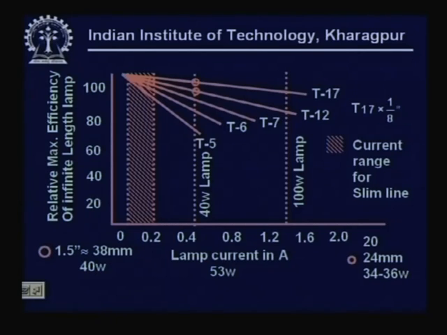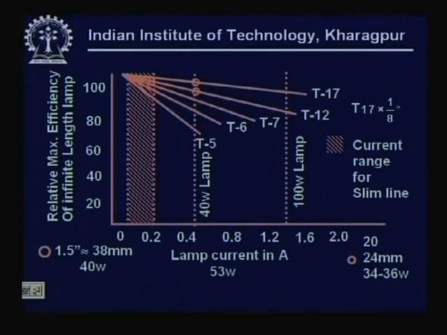If I use T12, T12 corresponds to 12 into 1/8, a 1.5 inch diameter tube. What is the output I have? If I operate around 0.4 amperes, I have output the same as 89 to 90% of that of a lamp of infinite length.